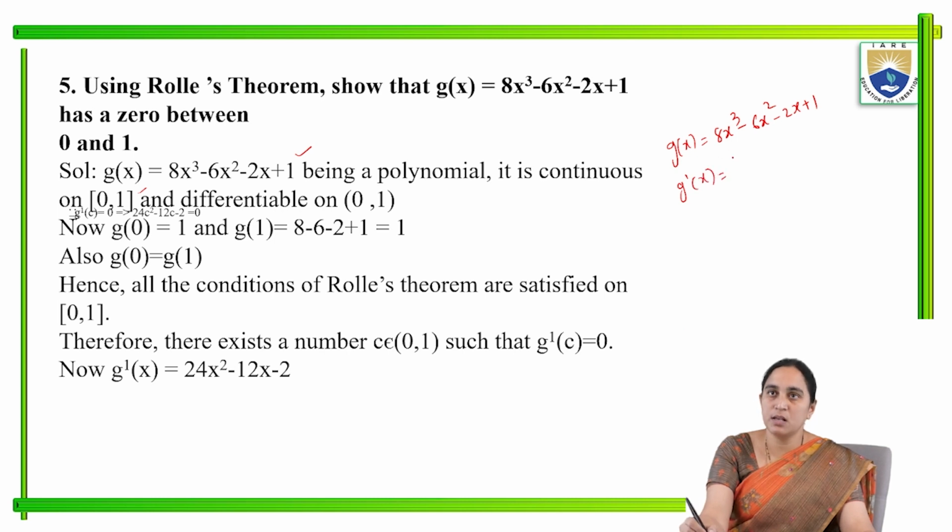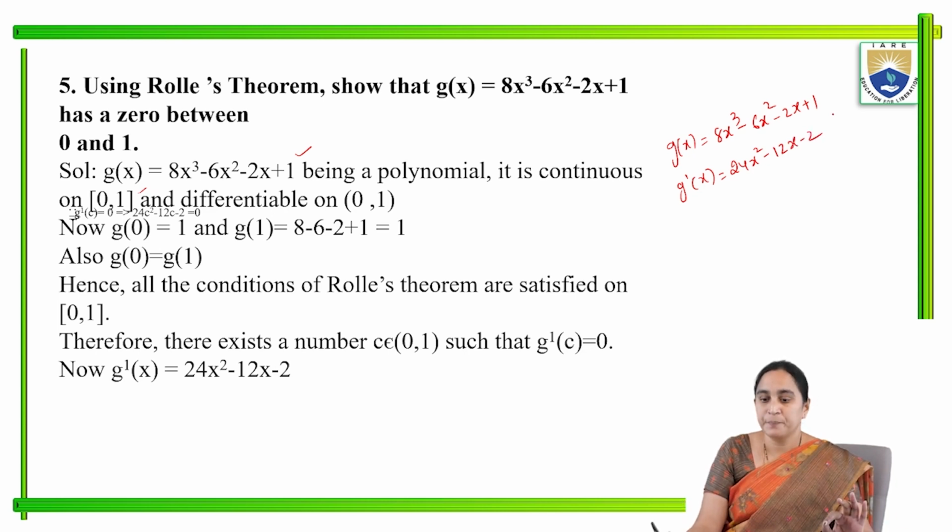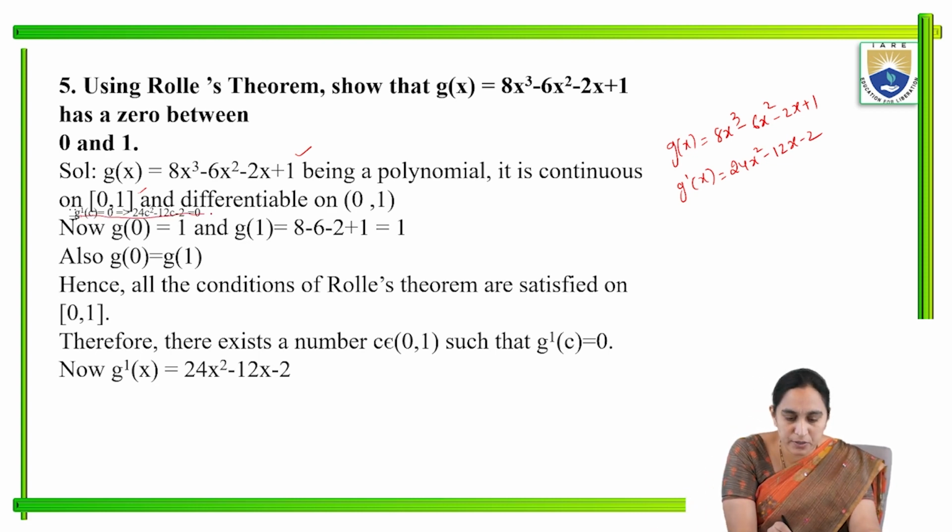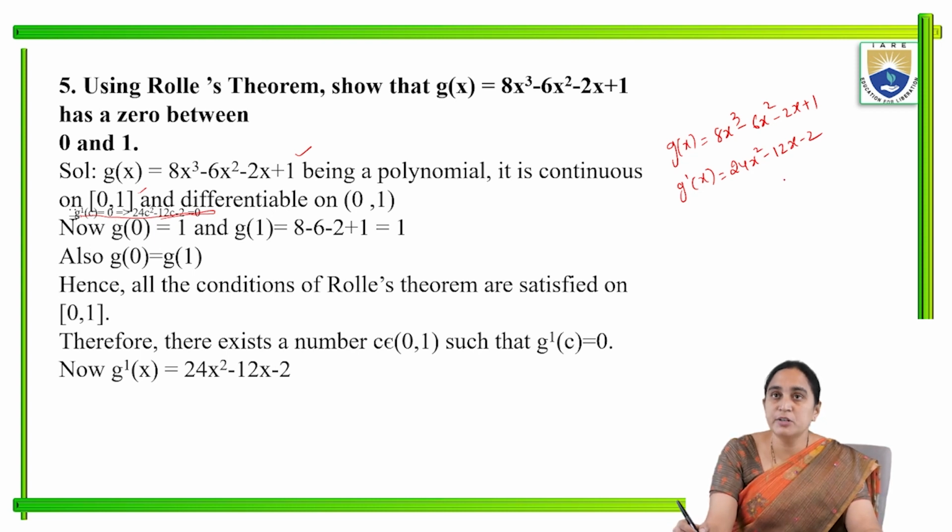G dash of x is equal to 24x square minus 12x minus 2. This is the differentiation. If the function is differentiable, then definitely that function is continuous. This is from one of the properties.